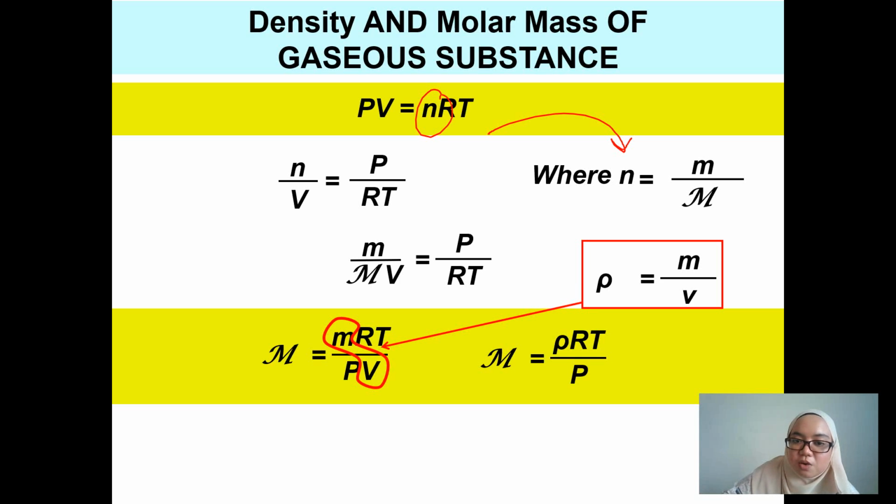When we substitute this in, we get m over M times V equals RT. Then see here, we have m over V, and we know that density is equal to m over V. So this is the density. We convert it into this: molar mass is equal to density times RT over P.